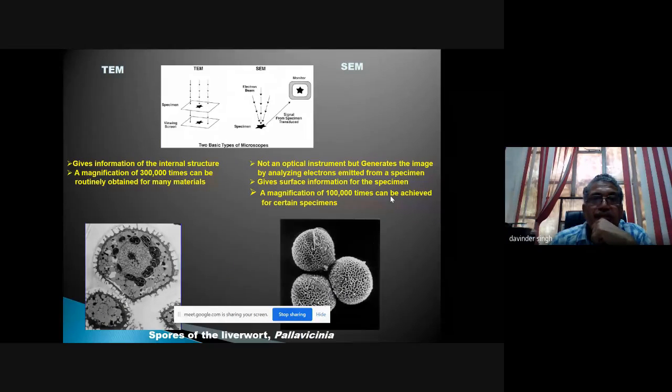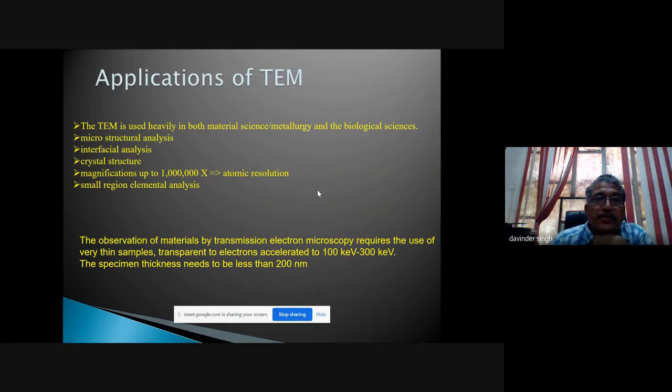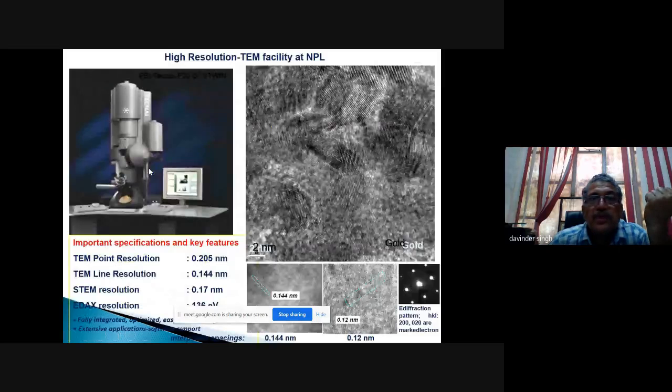TEM gives information of the internal structure. SEM is not an optical instrument, but generates images by analyzing the electrons emitted from the specimen, and gives surface information better. And for TEM, the application is more to understand the crystalline structure, and at the lower side we can get the applications.